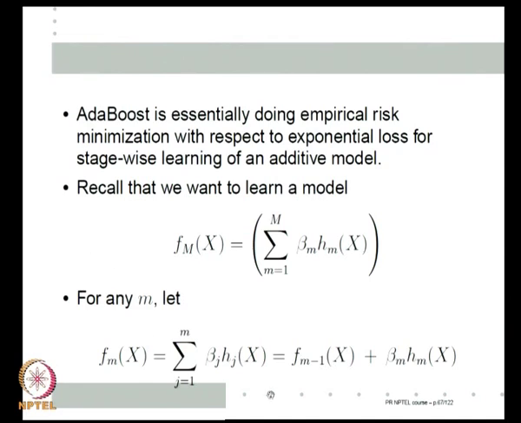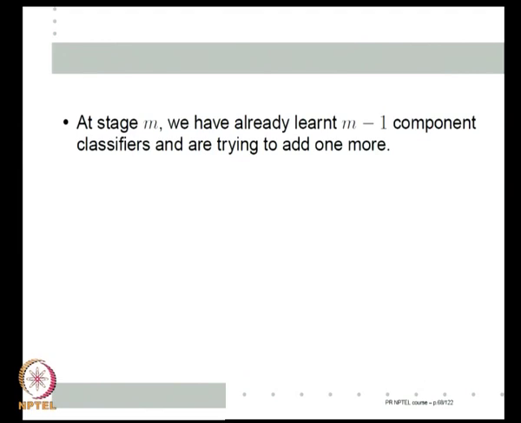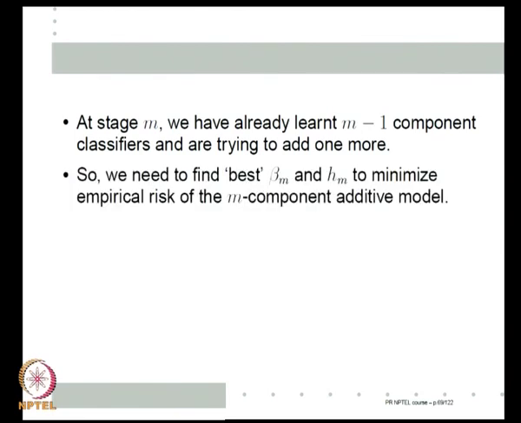So, at stage m, I have already learnt the m minus 1 stage classifier, and now I want to add one more stage to the classifier. So, this is the new model I consider. I am asking what is the best new model for me, but when I say best, I can only tweak beta_m h_m. So, at stage m, we have already learnt m minus 1 component classifiers and are trying to add one more.